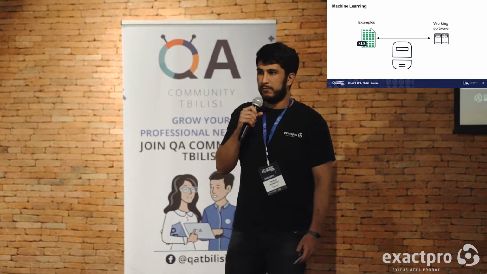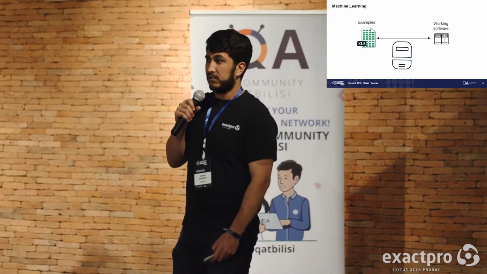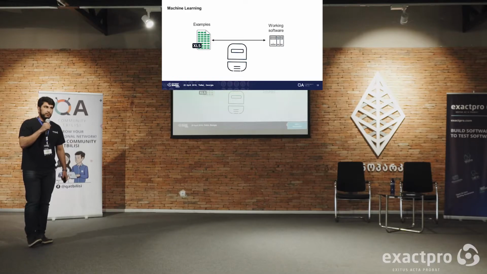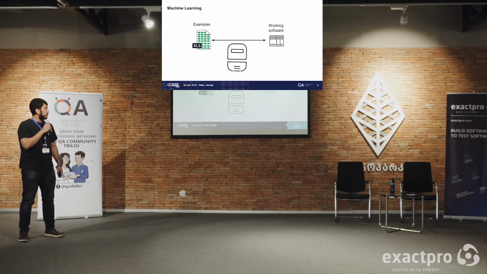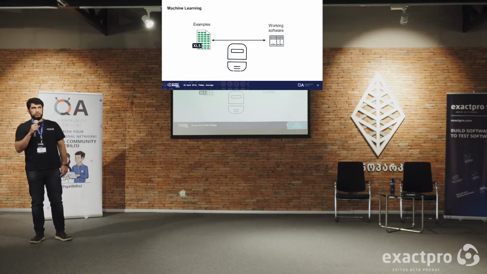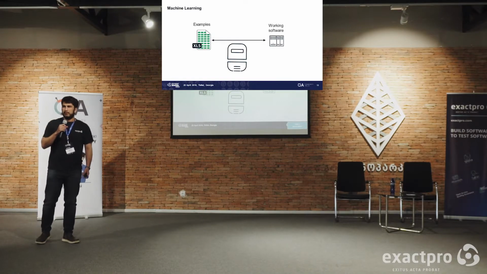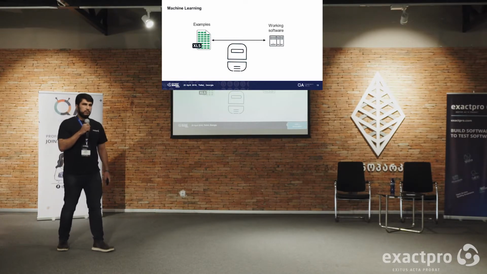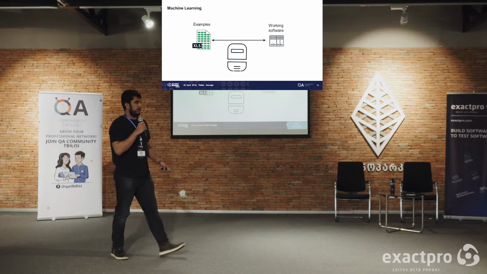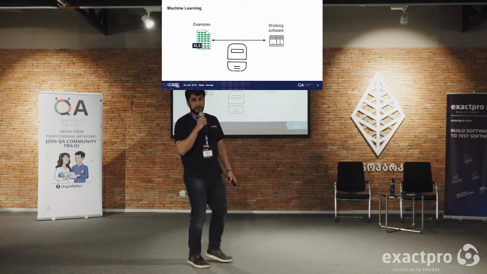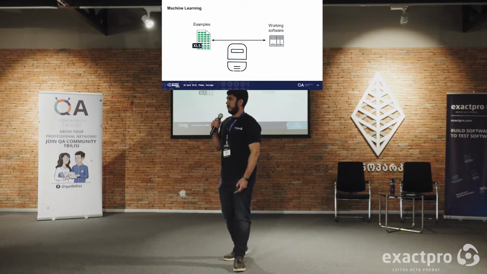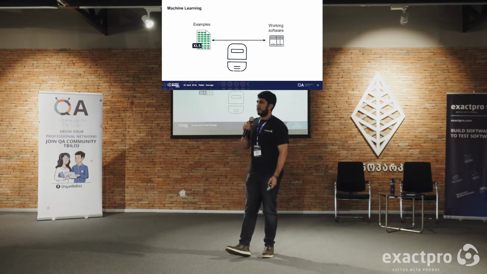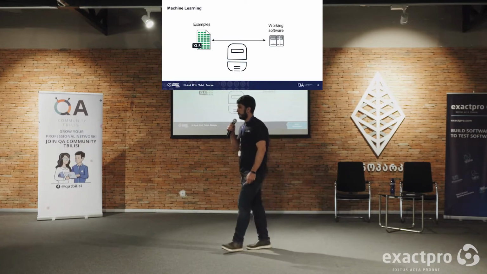Okay, it's called machine learning, and BDD is close to machine learning in some way. The one problem is the amount of examples. You need thousands of photos of kittens in order to teach your system, a piece of software, to recognize a cat in a picture.